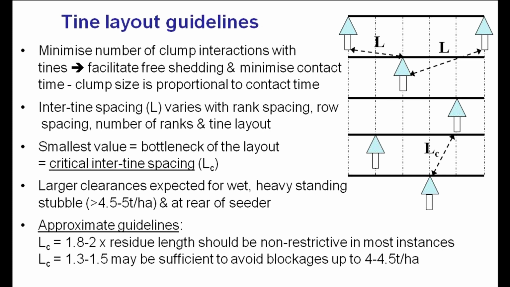So we're trying to maximize that, especially at the back of the machine where the clumps are likely to be bigger. Again, we do have some relationship, and typically 1.3 to 1.5 times the length of residue is a starting rule of thumb in moderate crops. But when the crop yields are higher, we really want up to twice that length of residue as an intertine clearance.